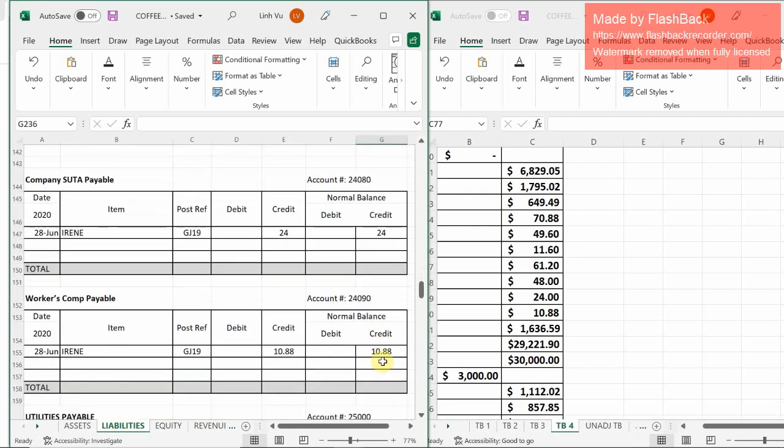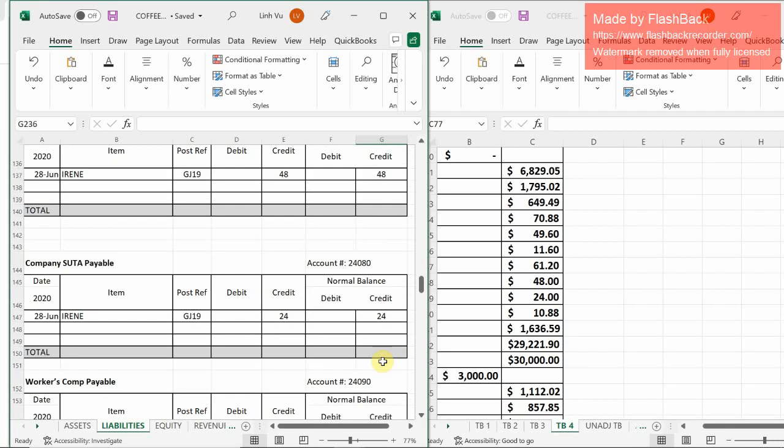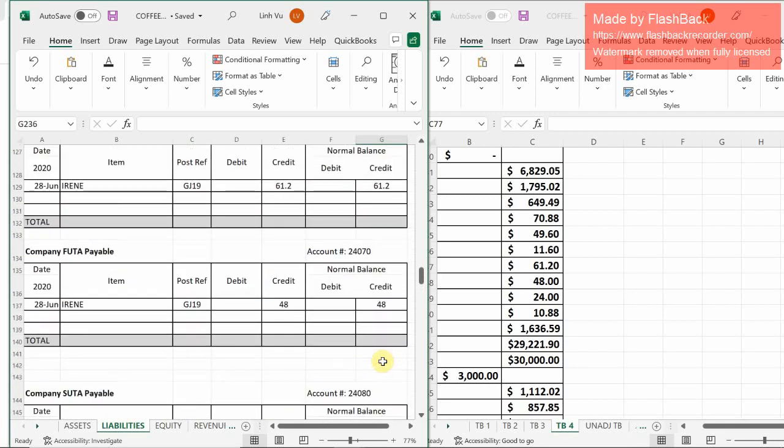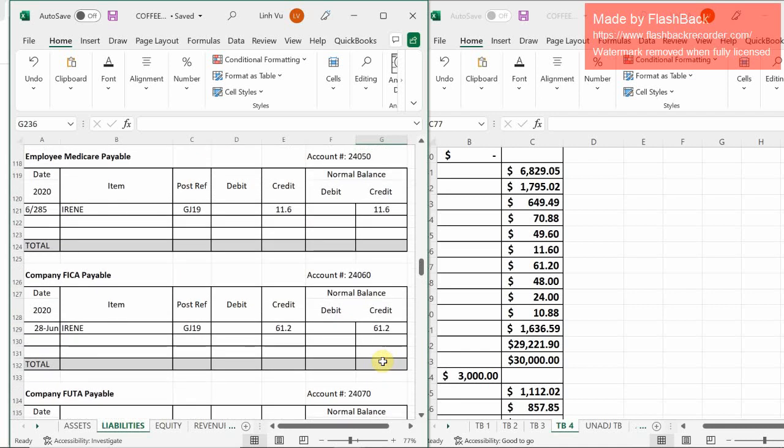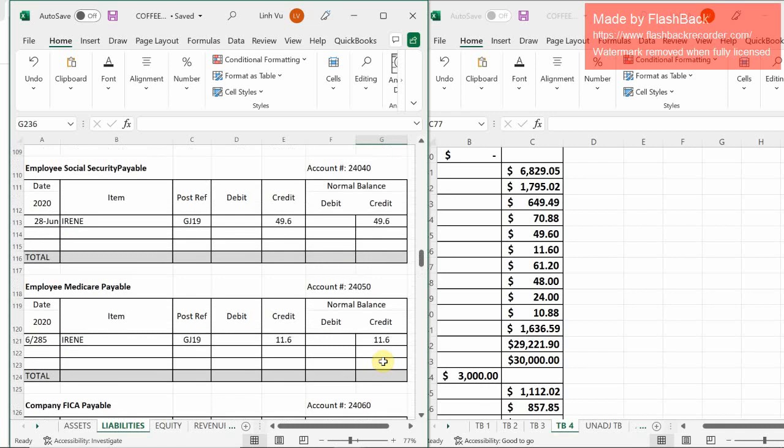Workers' comp is $10.88. SUTA is 24. FUTA is 48. FICA is $61.20. Employee Medicare is $11.60.